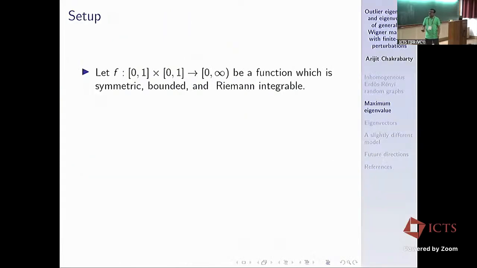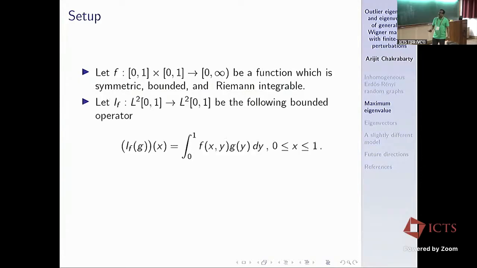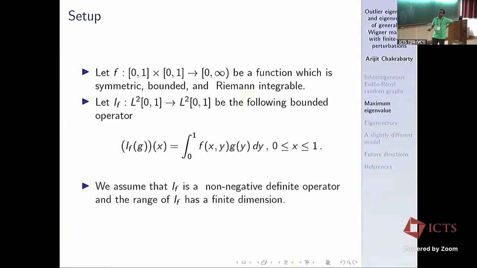So coming to our setup, f is, like I said, a symmetric bounded Riemann integrable function. We consider this kernel: T_f is the operator which takes g to this function; it is an integral operator. What we assume is that this operator T_f is non-negative definite and it has finite rank.